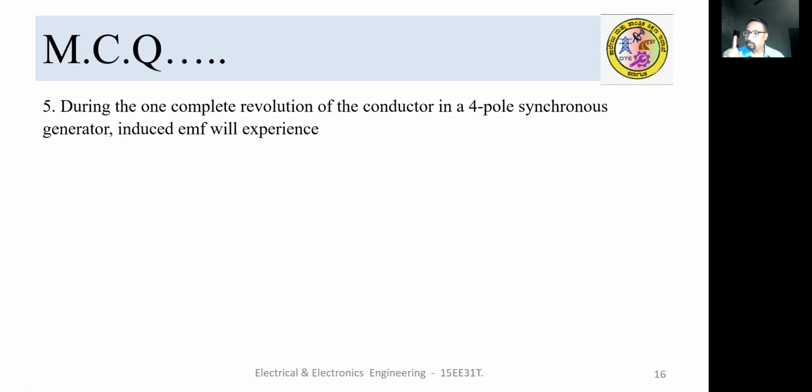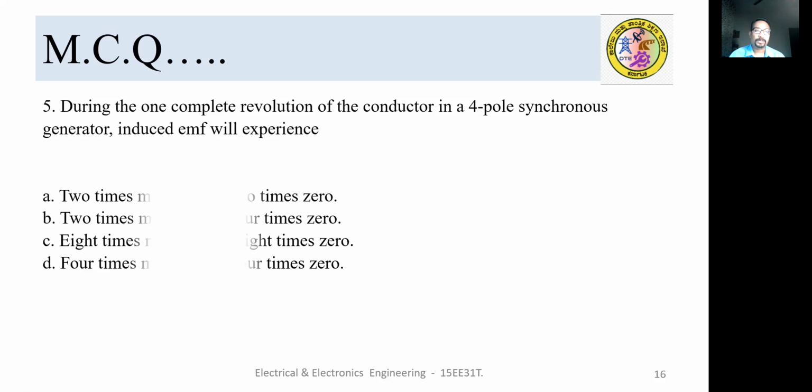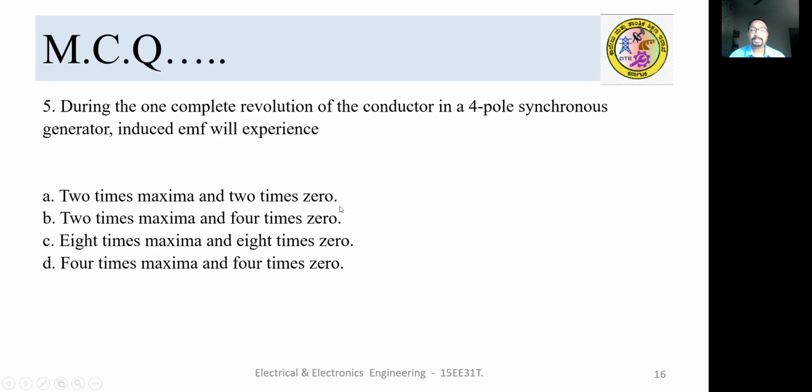For two poles, we will get one cycle of EMF induced. For four poles, let us see what the options are. 2 times maximum and 2 times 0. 2 times maximum and 4 times 0. 8 times maximum and 8 times 0. 4 times maximum and 4 times 0.